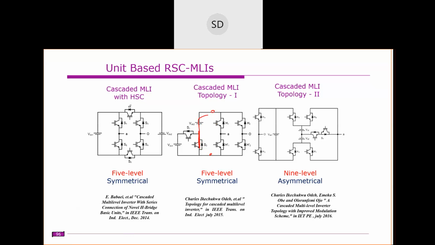So with this unit you cannot get 0 voltage here, at this point. You can get two voltages: one is VDC and another is 2 VDC.